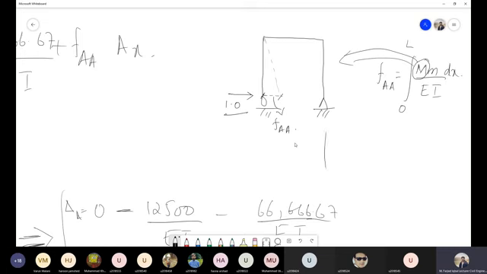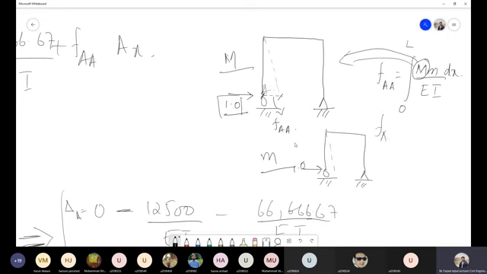But in the virtual work method, in the second step, you apply the same unit load in the direction of deflection, and you write the equation of small m. So this is capital M, this is small m. But in this case, both capital M and small m will have the same equation, because in both cases we have the same unit load acting at this particular point.